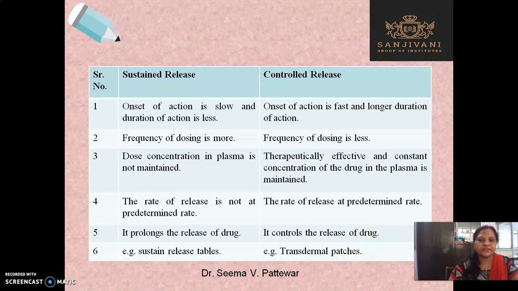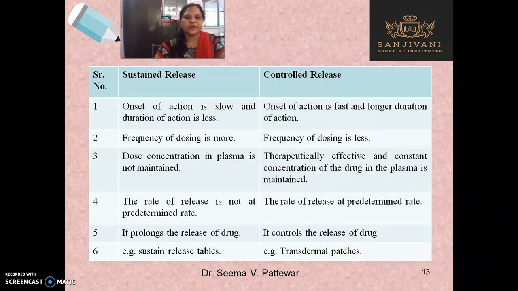The next is the sustained release dosage form or controlled release dosage form. This is the difference. In case of sustained release, onset of action is slow and duration of action is less. In controlled release, onset of action is fast and duration of action is longer. Frequency of dosing is more in sustained release, and less in case of controlled release.